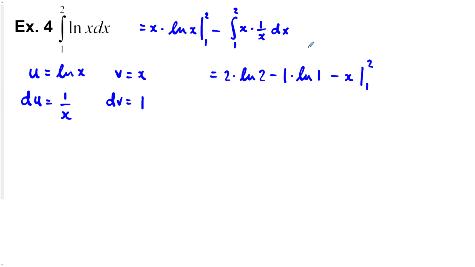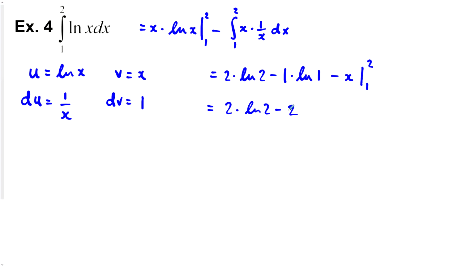And no more plus c, because this is a definite integral. So 2 times the natural log of 2 minus the natural log of 1 is just 0. So 1 times 0, this term is gone. So we just need this part at the end here. So minus this evaluated at 2, which would be 2.